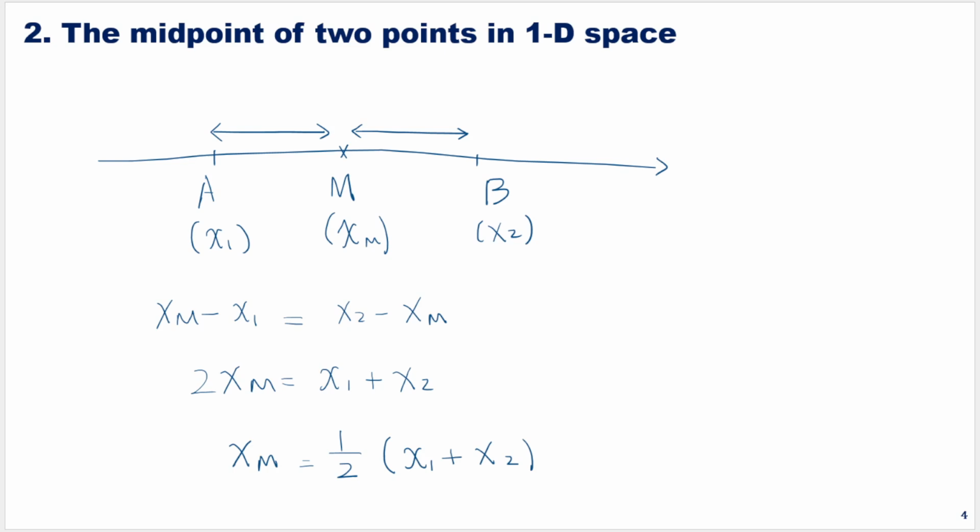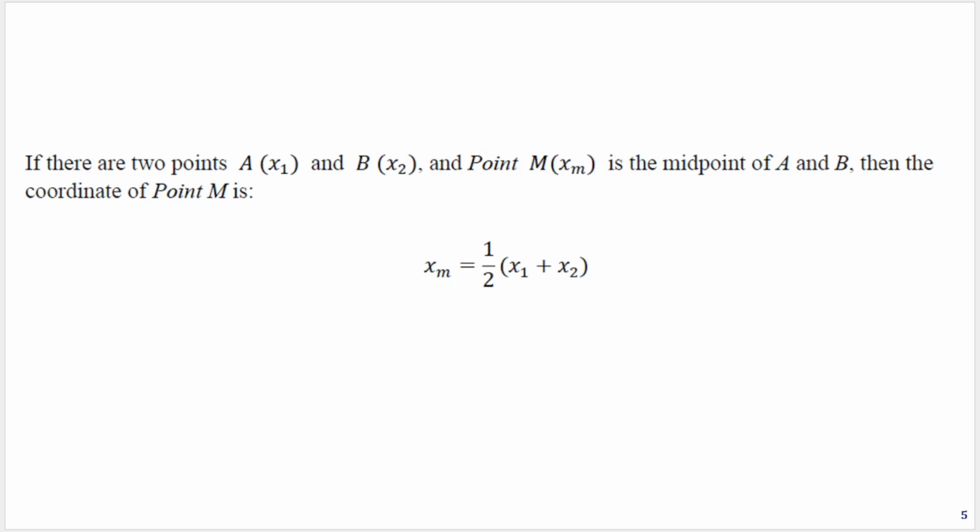So to summarize, if there are 2 points A whose coordinate is x1 and B whose coordinate is x2, then the point M whose coordinate is xm, which is the midpoint of A and B, has its coordinate calculated in this way: xm equals 1/2 of the sum of x1 and x2. Do you get it? Any questions? No.